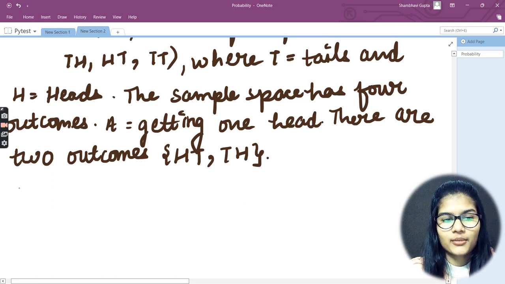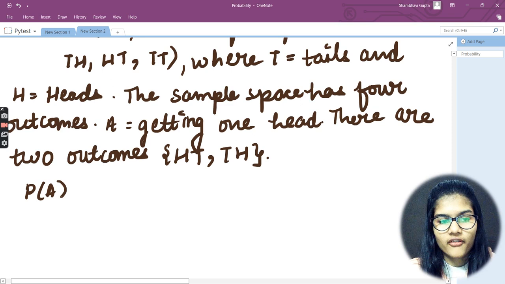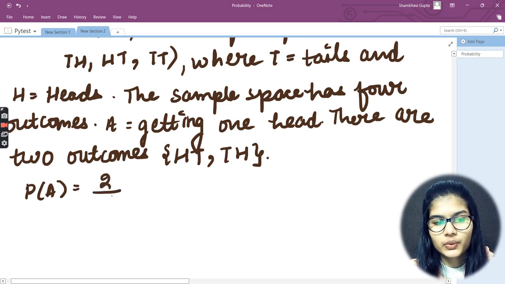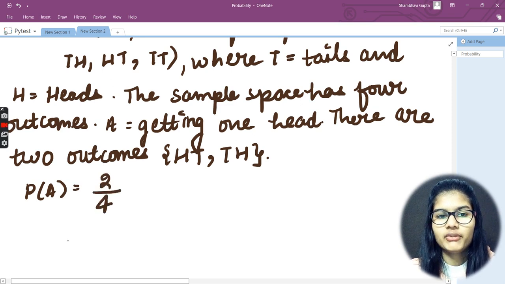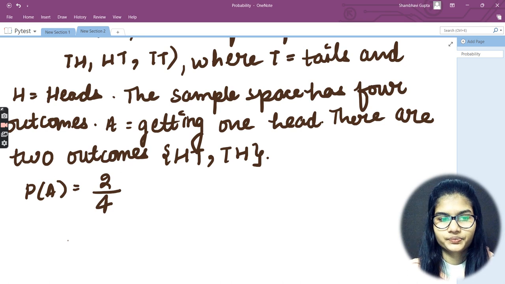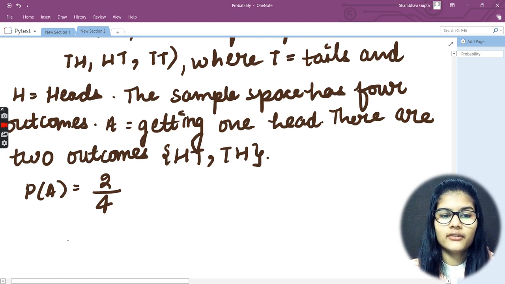So I'm going to write that the probability of A is equal to 2 by 4, because in total we had four outcomes, and from those four outcomes, two have one head, head-tail and tail-head.